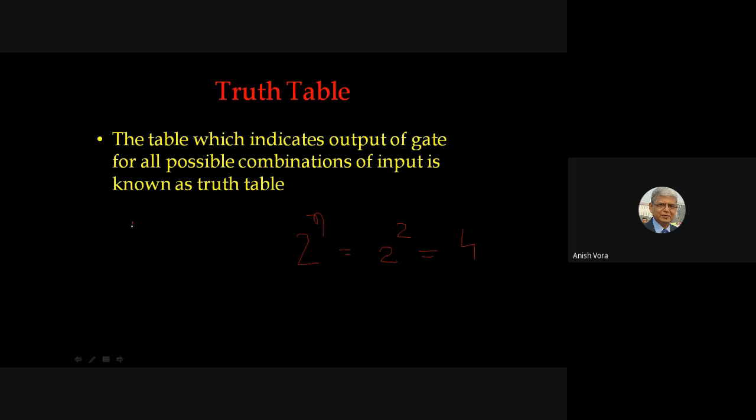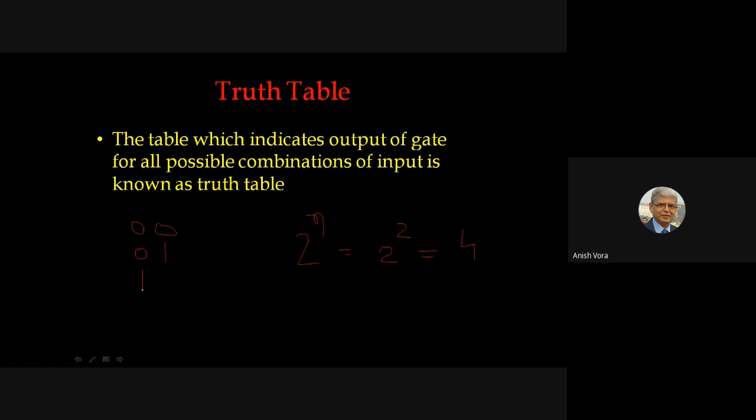The first condition is 0 0, right? Both inputs are at the 0 level. We already discussed what exactly we mean by 0 and by 1. The second condition is 0 1: one of the inputs is at a high level and the other is at the 0 level.